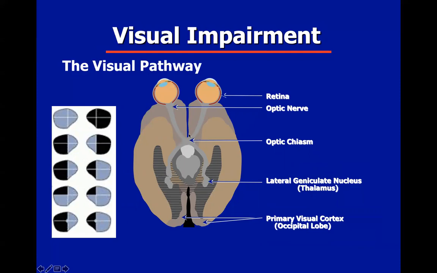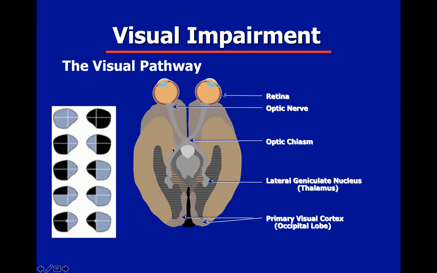From your optic chiasm, it goes to your lateral geniculate nucleus, which is in the thalamus, and then into your primary visual cortex.